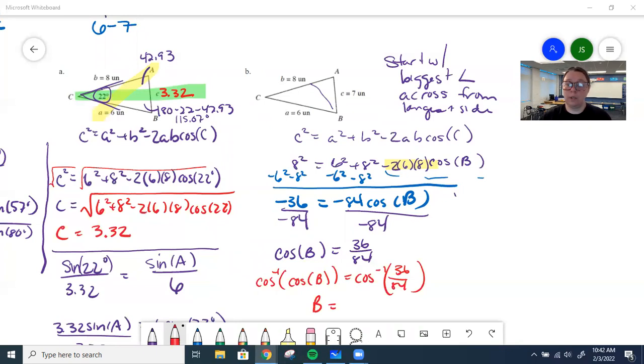All right, so 64.6 degrees. I have something else written down from before. Man, oh man, I hope I didn't screw this up. All right. Oh man, does everybody see what I did wrong now?